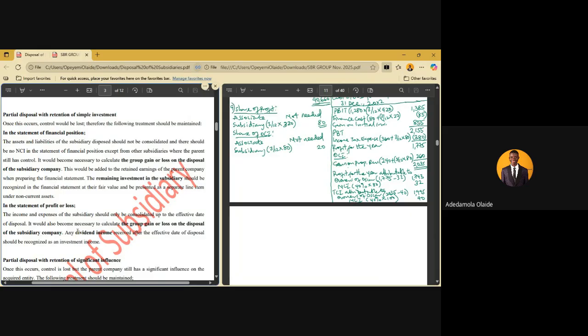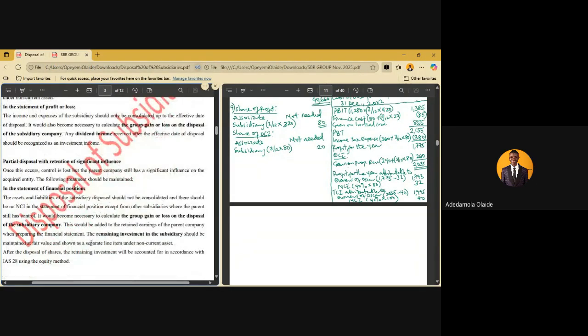However, that investment they retain, because it's now an ordinary investment, will be shown as a line item in the consolidated statement of financial position. While in the statement of profit or loss, only the group gain or loss will be showing. And if there's any dividend received after the date of disposal, if they were still in control, you cannot recognize dividend. But when there is no longer control, you go back to recognizing your dividend.